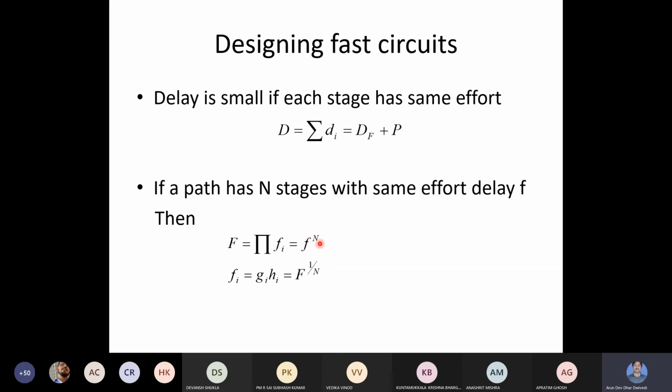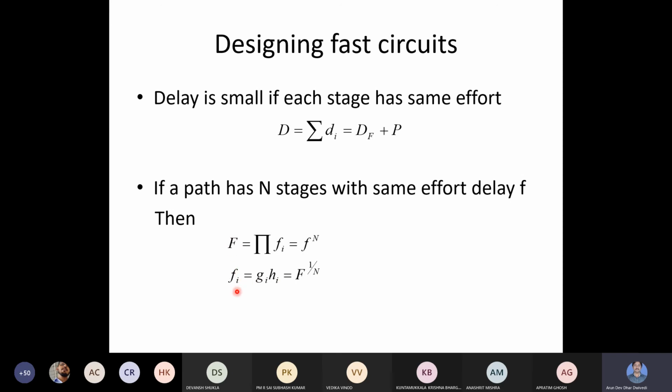Capital F is equal to small f to the power n, and fi equal to gi hi, where fi means individual stage effort, which is F to the power 1 by n. So we can define it in terms of capital F also.